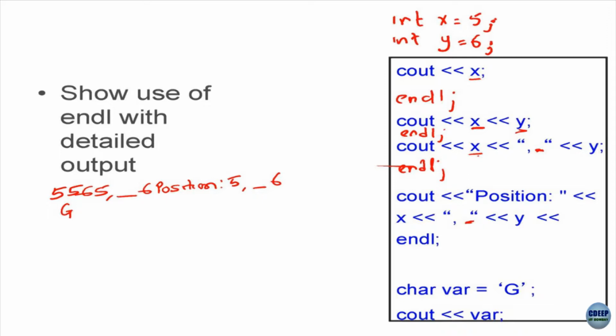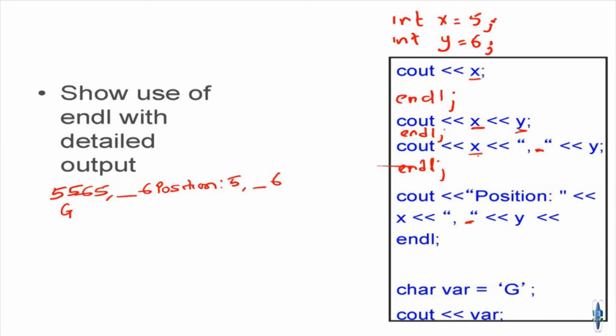Okay, so there's a 5 followed by this 5 followed by this 6 followed by this 5 followed by a comma followed by a space followed by a 6 followed by position colon followed by 5 followed by comma, followed by space, followed by 6, and then there is a new line, a G on the next line.